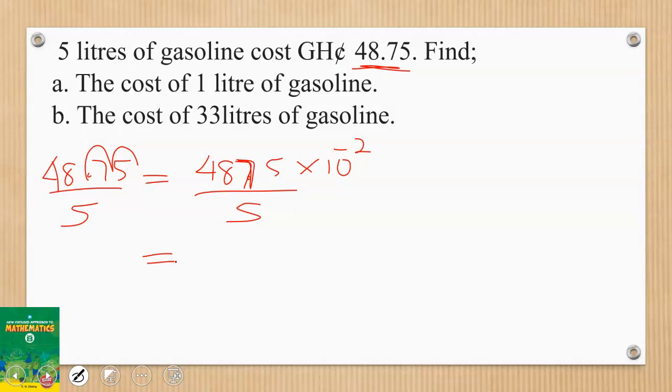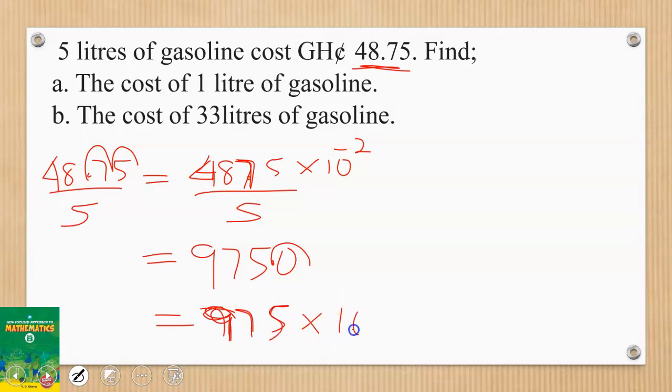If I double that, I have 9750. The decimal point is moved backwards once, and so my answer becomes 975. What it means is that 4,875 divided by 5 will give me 975.